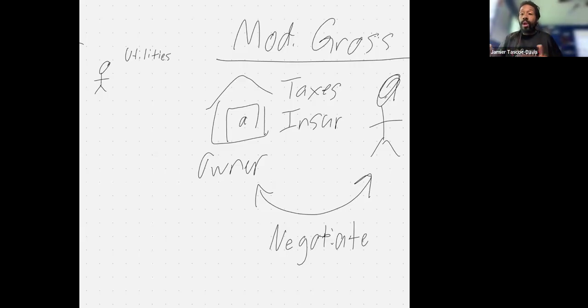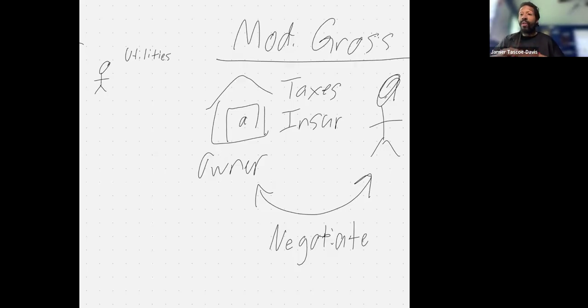So in the modified gross lease structure, it can be negotiated that, okay, we're going to need you to cover the HVAC, or we're going to need you to cover a portion of any repairs on the HVAC system because of the type of business that you're running.